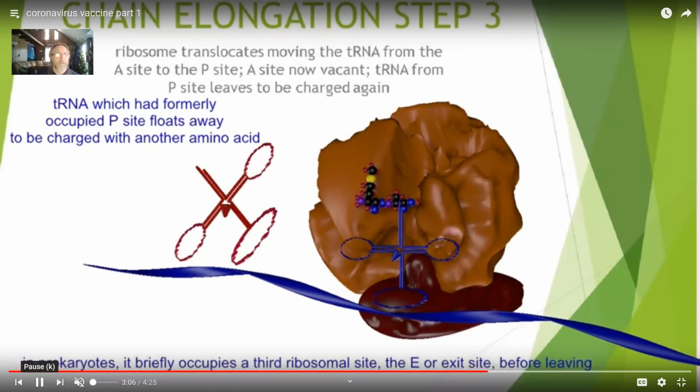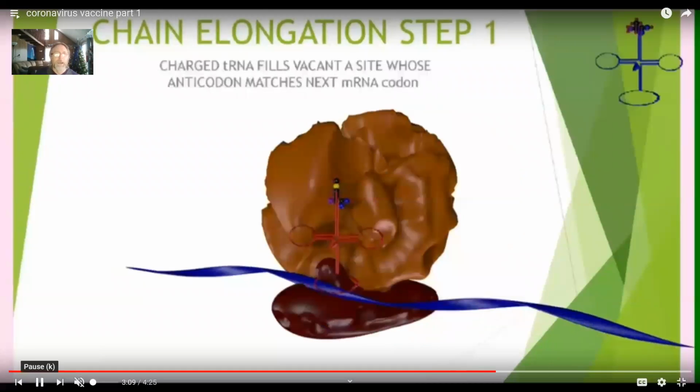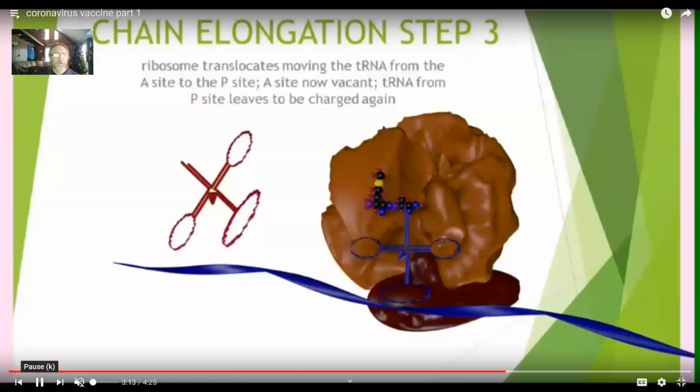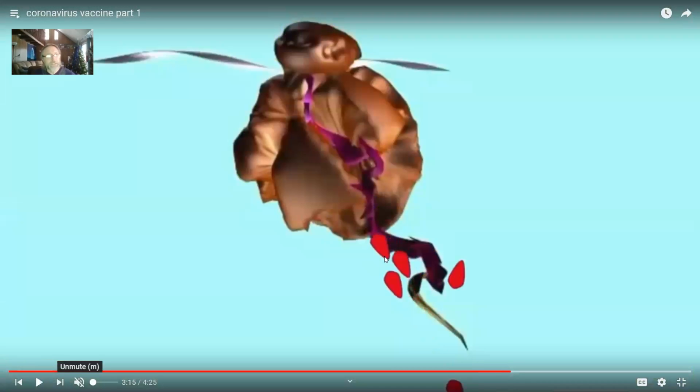The coronavirus vaccine does the same. It introduces viral RNA into human cells, and the human cells then make viral protein. So here's that red spike protein being made as this human ribosome inside the human cell follows the instructions of the viral RNA.